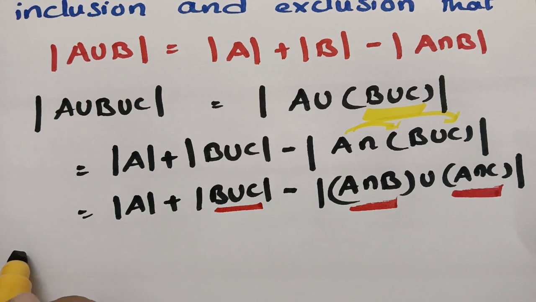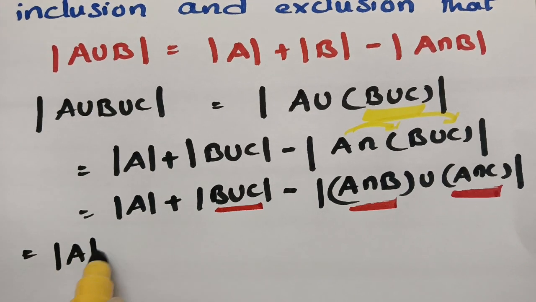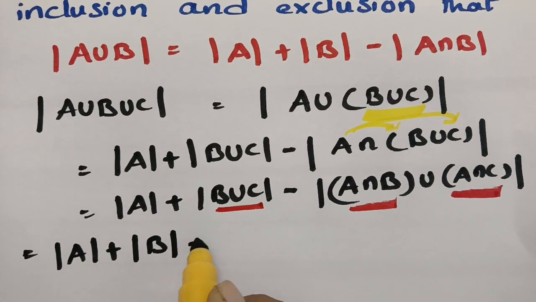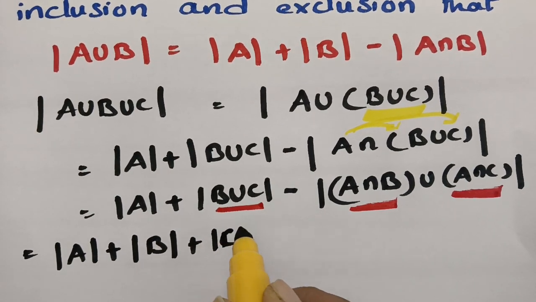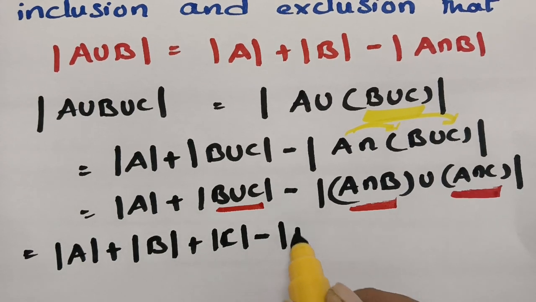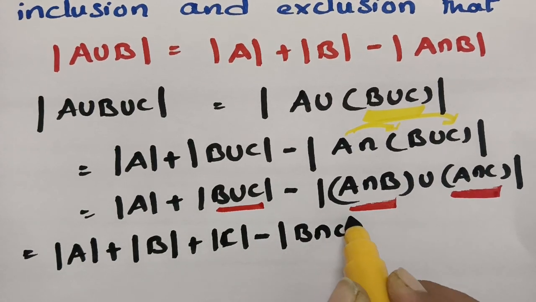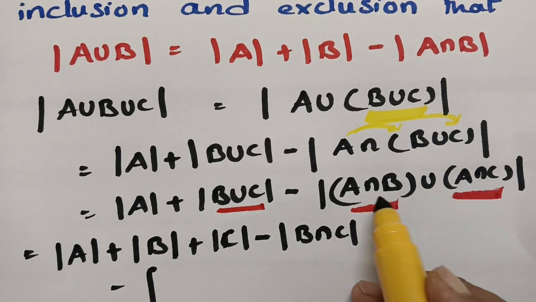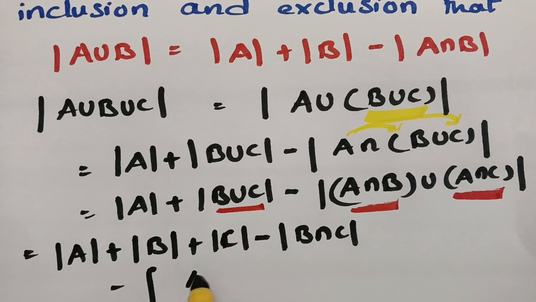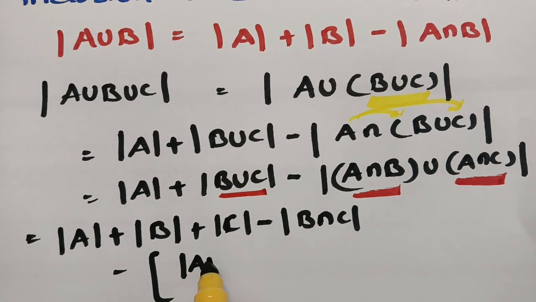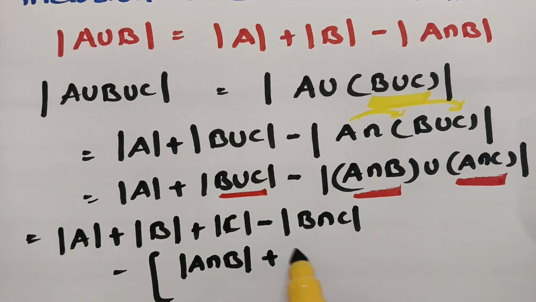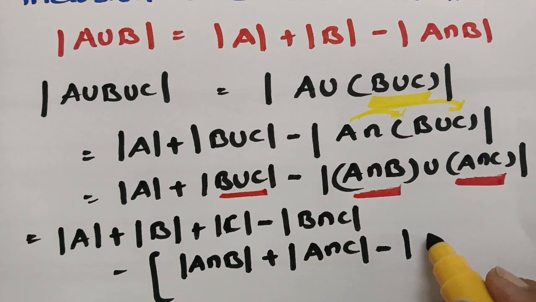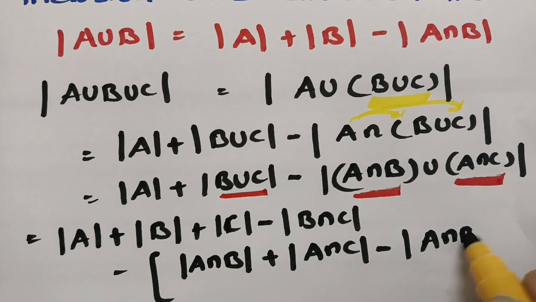I write this as the number of elements in A plus, applying the principle here, the number of elements in B plus the number of elements in C minus the number of elements in B intersection C, minus, considering this as two elements, that is A union B, the number of elements in A intersection B plus the number of elements in A intersection C minus the number of elements in A intersection B.